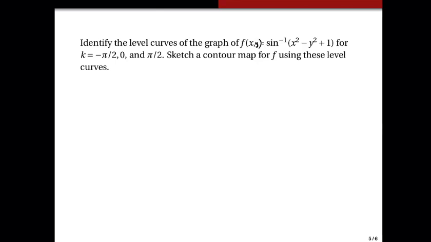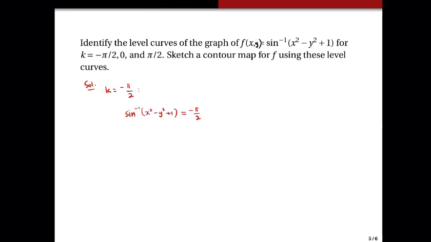So for the level curves, it only means that the value of the function is equal to k. Correct? So for this, we have k equals negative pi over 2. So it means you have sine inverse of x squared minus y squared plus 1 equal to negative pi over 2.